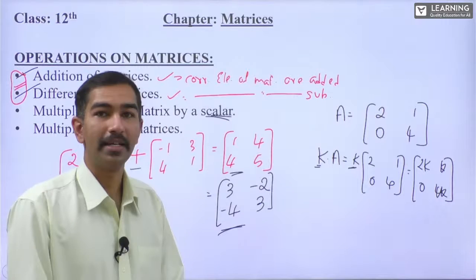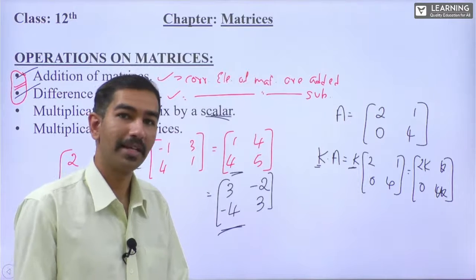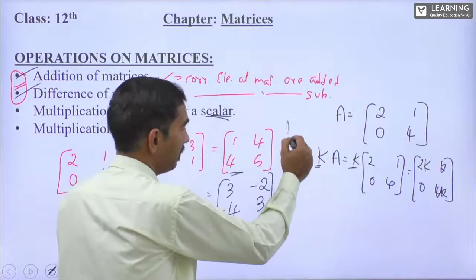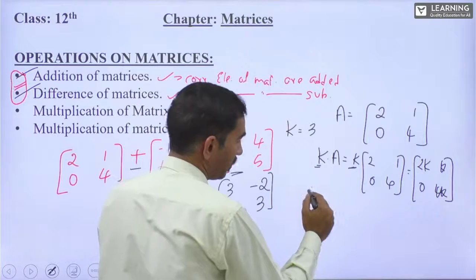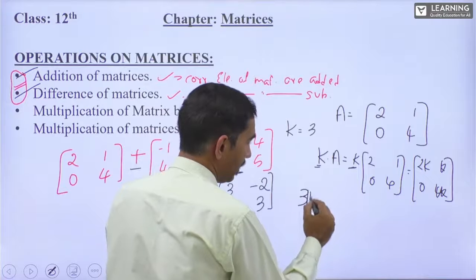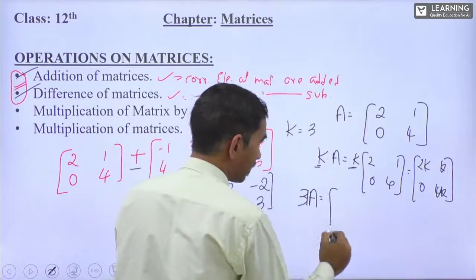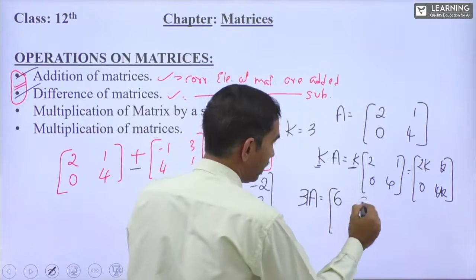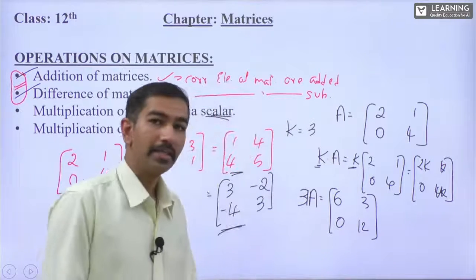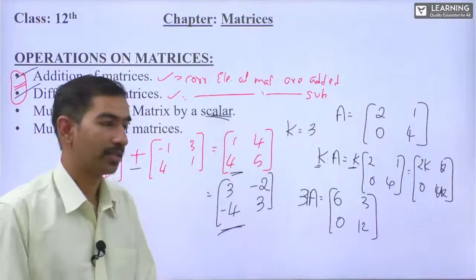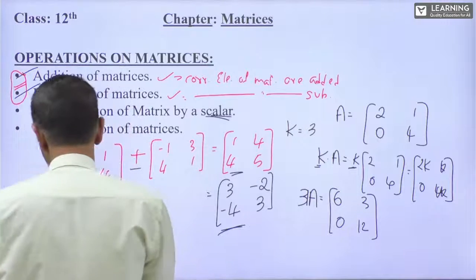Now for example, let us assign a value for this K. So let us assume K is equal to 3. So 3A is written as 6, 3, 0, 12. This K also can be in terms of fractions. So for example, we'll change the color.